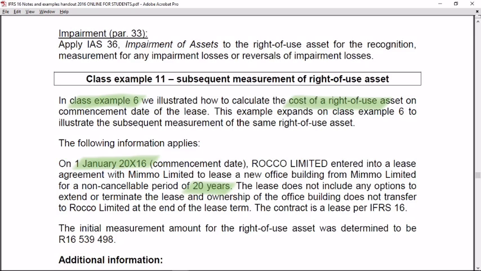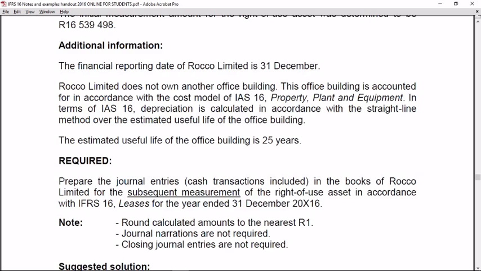The lease does not include any options to extend or terminate the lease, and ownership of the office building does not transfer to Rocco Limited at the end of the lease term. The contract is a lease per IFRS 16. In class example 6, we calculated the initial measurement of the right of use asset as 16,539,498.